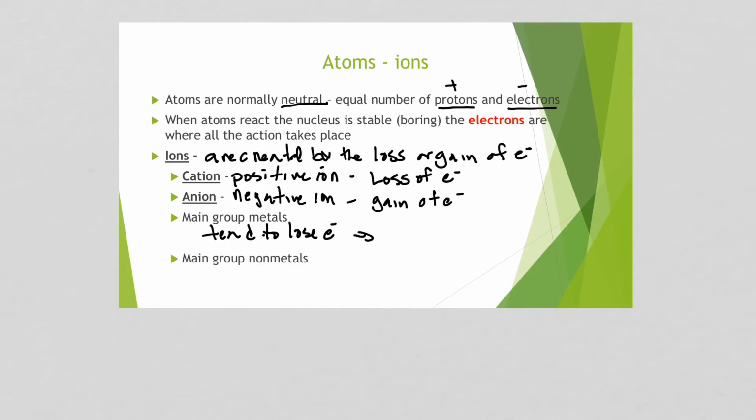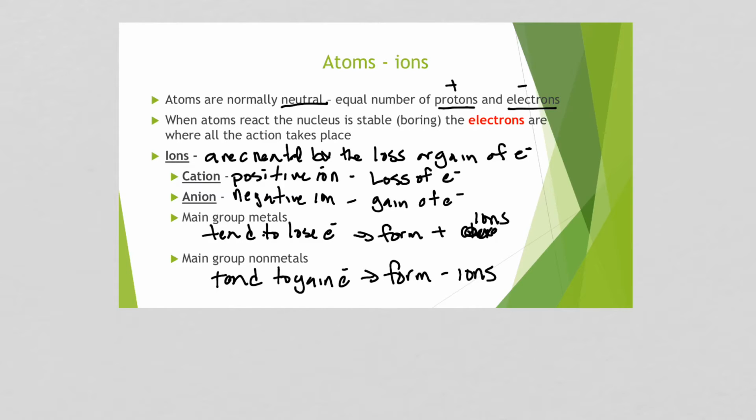So they like to, of course, form positive charges or positive ions, right, or cations. Main group nonmetals like to do the opposite, right? They will tend to gain electrons. And this allows them to form negative ions or anions.